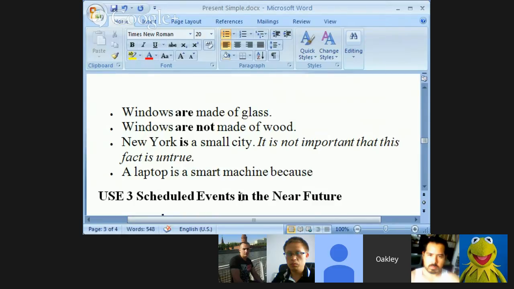Do I have it right so far? A laptop isn't a smart machine because people make the programs for it.